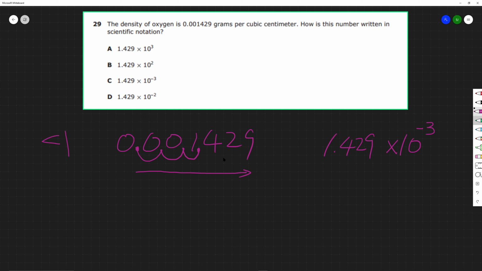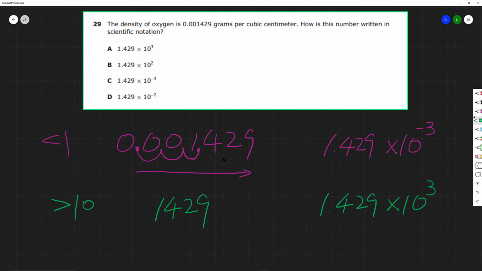Now some students might think, hey, I moved 3 places, so it's going to be 1.429 multiplied by 10 to the power of 3 because I moved 3 places. Well, that's not true. This scientific notation actually represents 1,429. It's a large number. Why?